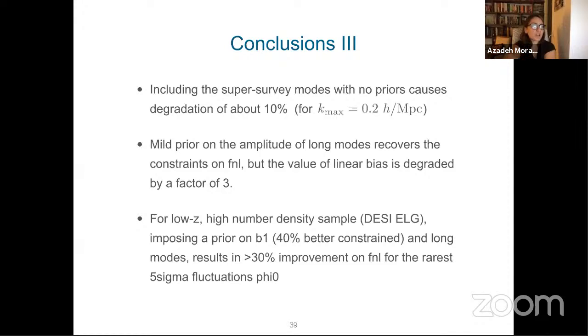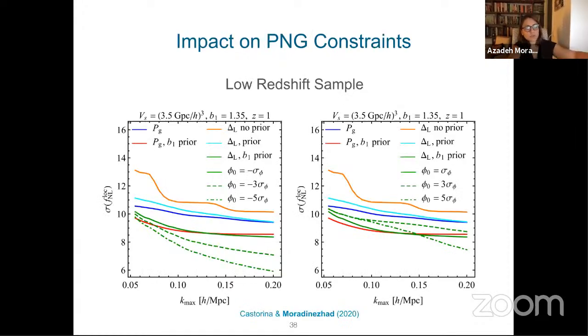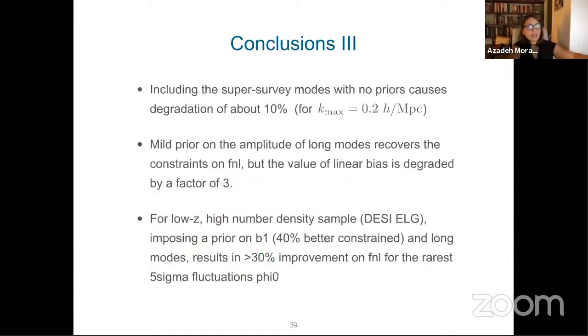But notice that while I showed in these plots only constraints on FNL, not imposing any prior on the long mode will degrade the constraints on linear bias. So if you want to constrain other cosmological parameters that are degenerate, for instance, with linear bias, including the long wavelength mode degrades your constraints on linear bias significantly.